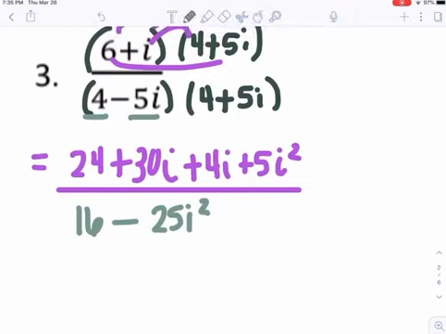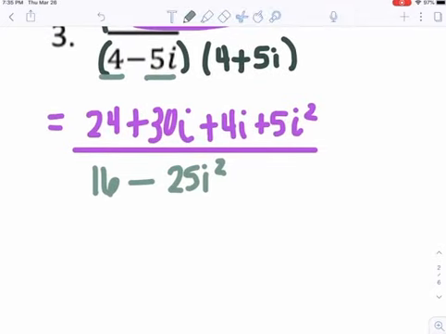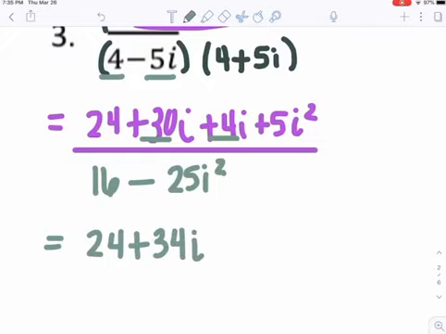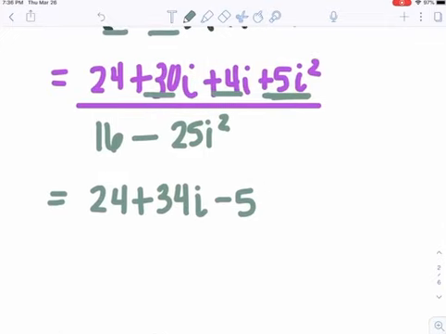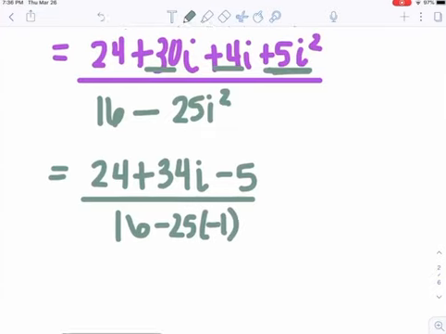So out of all of this, I'm going to start simplifying and combining my like terms. So in the numerator, I have 30i and 4i, so that's 24 plus 34i. Okay, and then I know that i squared becomes -1, so that's 5 times -1, so that becomes -5, all over 16, and that's -25 times -1.